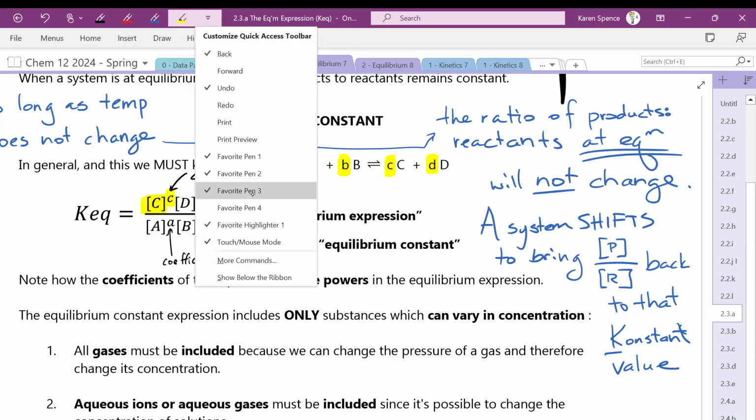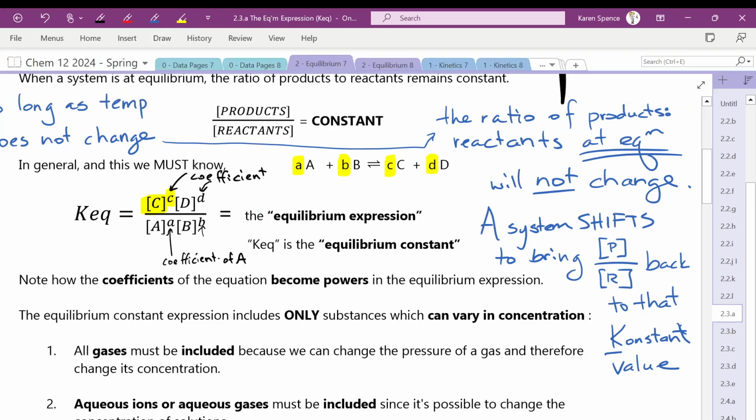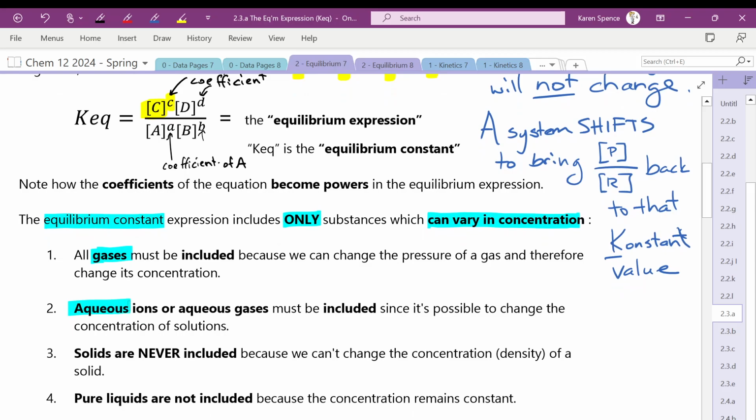So we need substances that can vary in concentration. Gases are included because they have concentrations. Aqueous ions or aqueous gases have to be included because you can change a concentration.